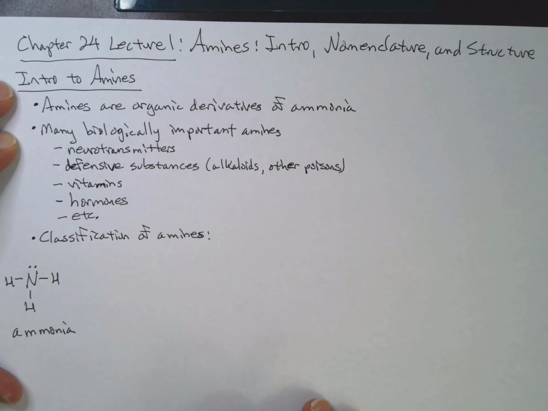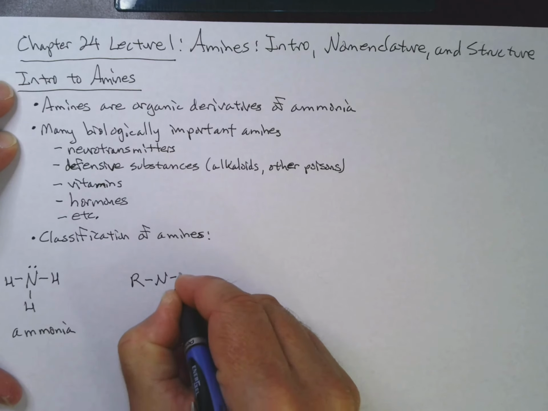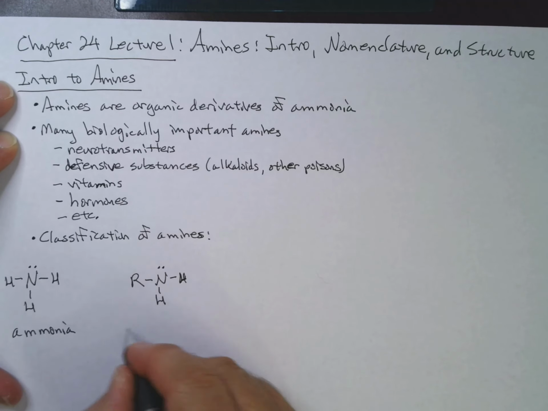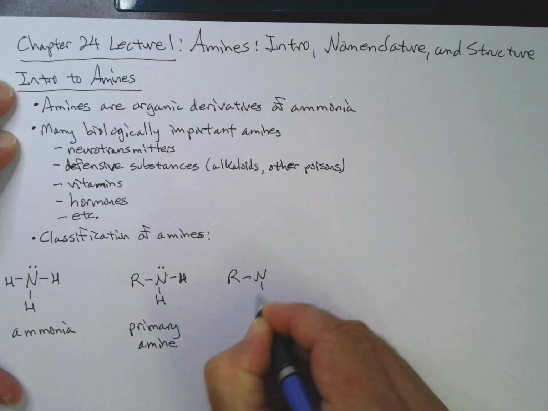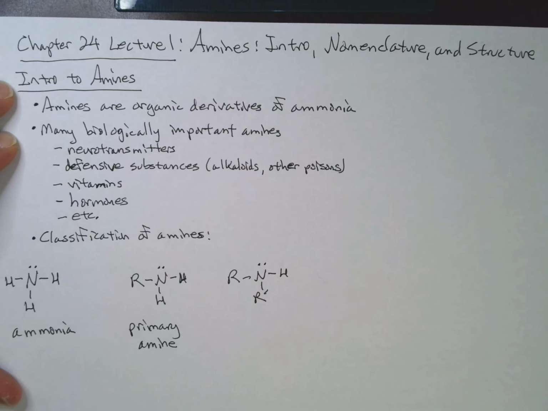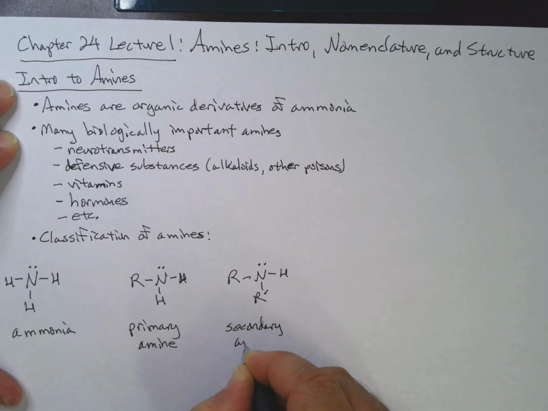If we have one alkyl or aryl substituent, we would call this a primary amine. If we had two alkyl or aryl substituents, and I'll indicate these differently, R and R prime, because they don't have to be the same, that is a secondary amine.